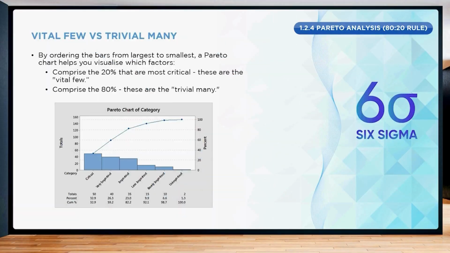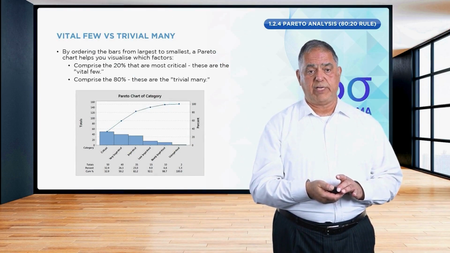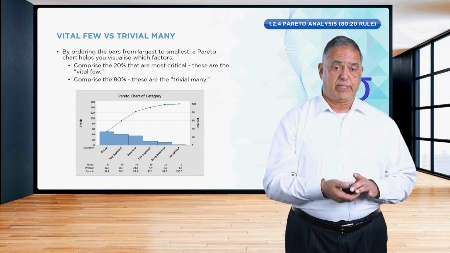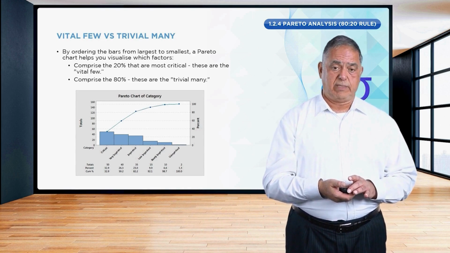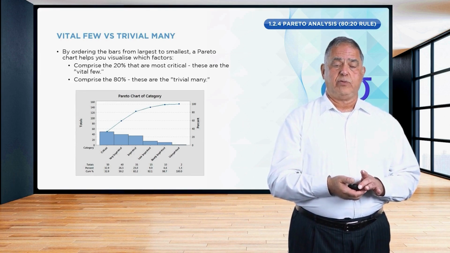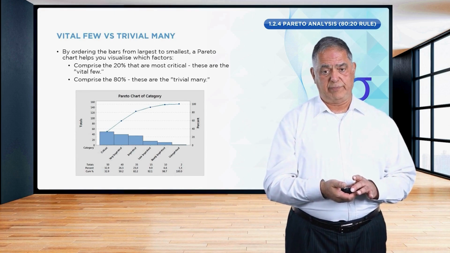When we want to contrast the vital few and the trivial many, by ordering the bars from the largest to the smallest, a Pareto chart helps you visualize which factors comprise the 20% that are the most critical, the vital few, and which factors comprise the 80%, the trivial many.